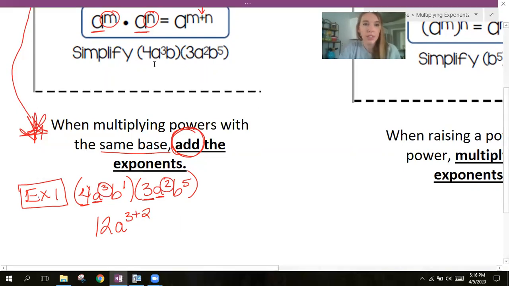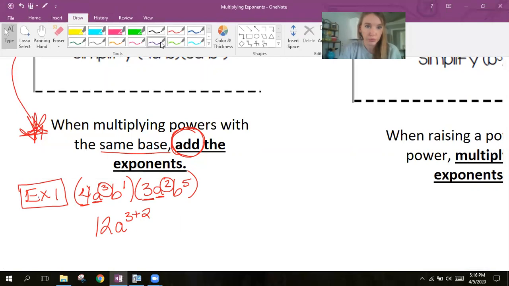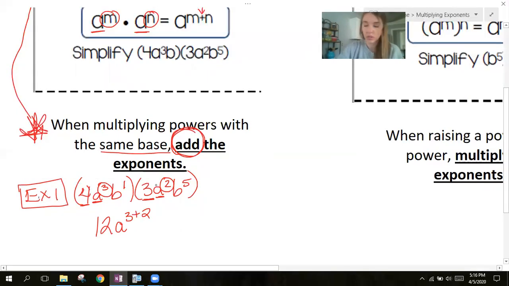Then we look at our next term, b. This has the same base as this one right here. Again, we take that base and add the exponents together. If we simplify this entire term all the way down, we have 12a.